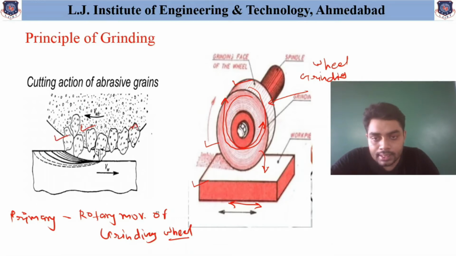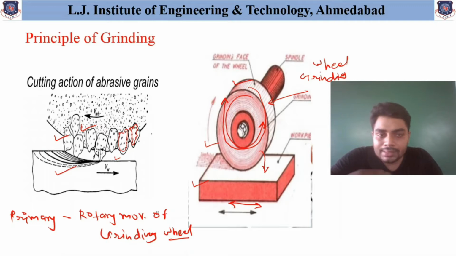These grinding particles are adhered to this wheel and are arranged in a random manner. When this wheel is rotating, these particles come into contact with the workpiece, and as the rotation happens, these particles, due to friction, remove the material from the workpiece. So this is how this grinding wheel removes the material from the workpiece.